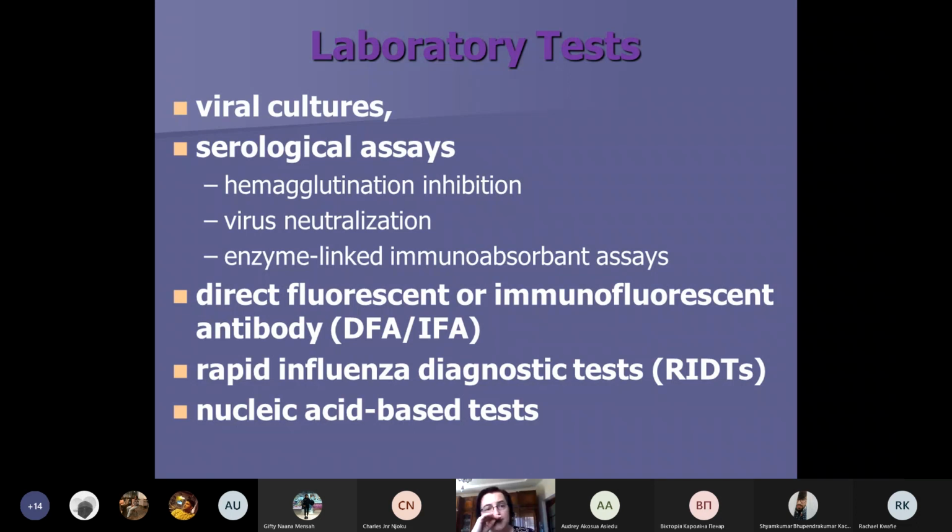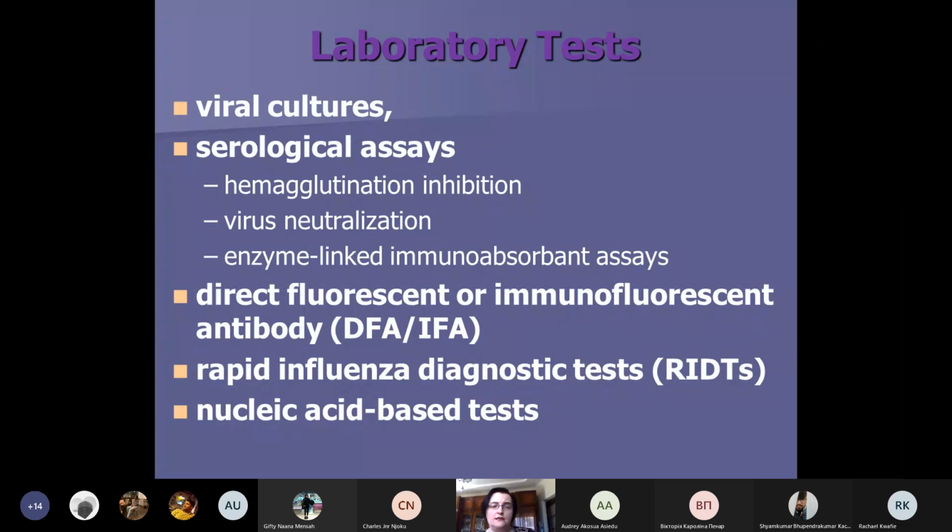Common serological assays include hemagglutinin inhibition assays that detect hemagglutinin-specific antibodies, virus neutralization assays that check whether antibodies have neutralized the virus, and enzyme-linked immunosorbent assays. These methods tend to be relatively inexpensive and fast, but are less reliable than nucleic acid-based tests.